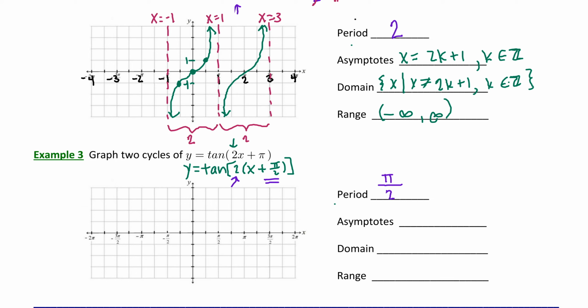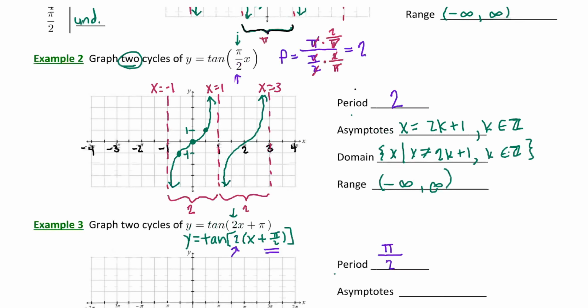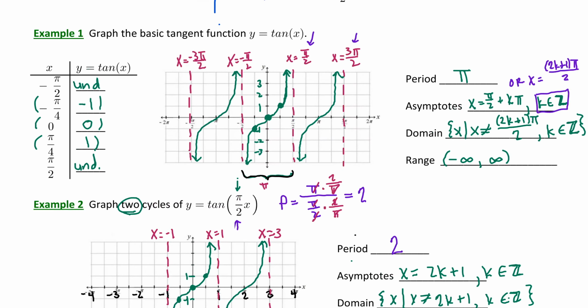Now, because this one does have a horizontal shift, we're going to use an inequality analysis technique like we did with sine and cosine to figure out exactly where that first fundamental cycle is going to occur. So remember, the original tangent function achieves one fundamental cycle for x, the argument, between negative pi over 2 and pi over 2.